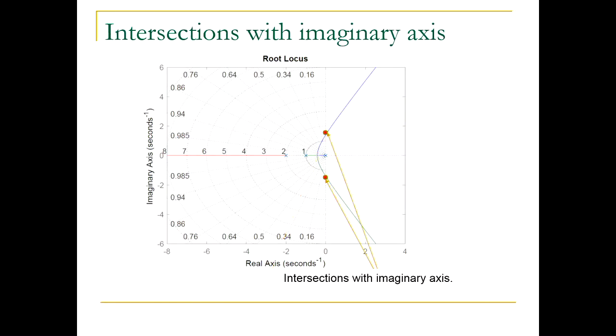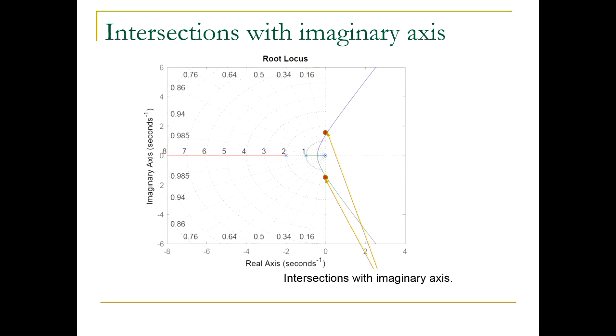Another important feature of root locus are intersections with the imaginary axis. So know that in this example, two branches of root locus intersect the imaginary axis, and as we keep increasing the gain, these branches, blue and green, would end up in the right half plane. Now what does that mean? It means that for sufficiently high gain, the controller would destabilize the system, because we will have two poles in the right half plane.